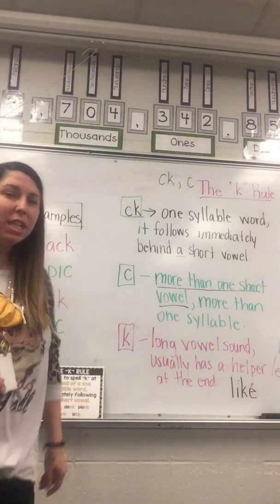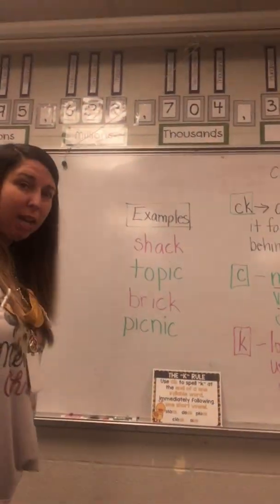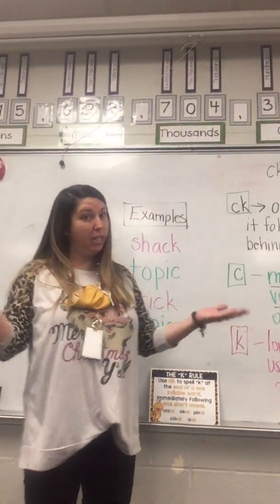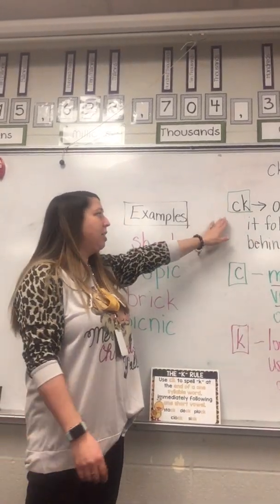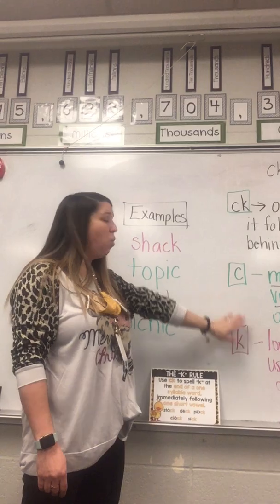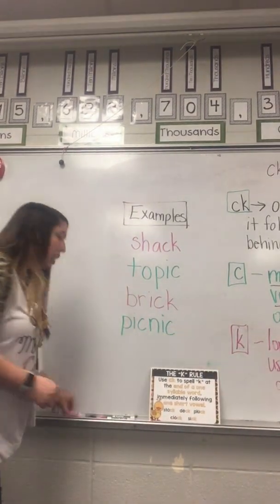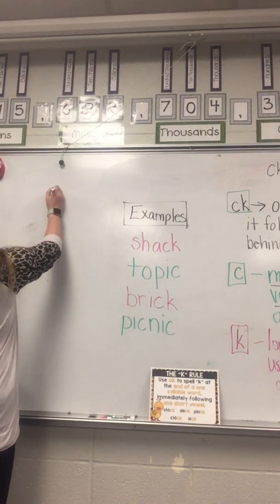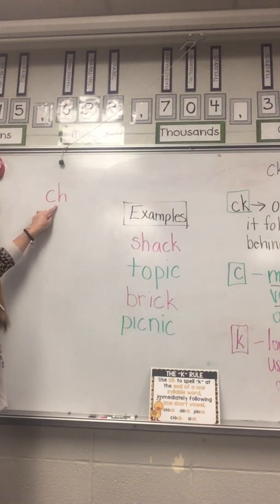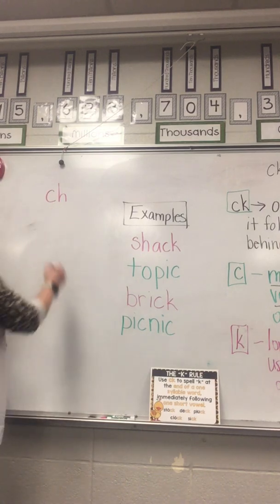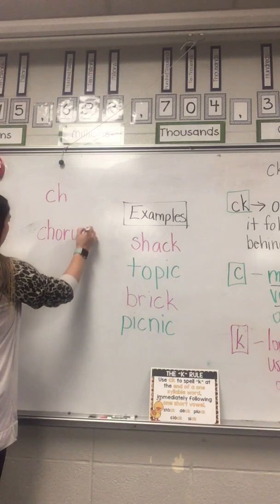Now, there's going to be one additional tricky word in here this week that doesn't follow the rule, because you got to love the English language. It doesn't follow the CK, the C, or even the K rule. It kind of has its own. It's because of the CH. Usually it says ch, but in some words it says k, like in chorus. Like in music you'll hear of them playing chorus.